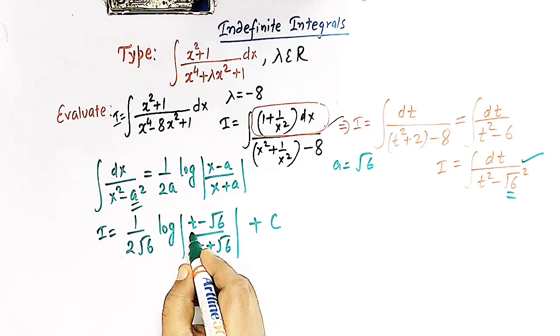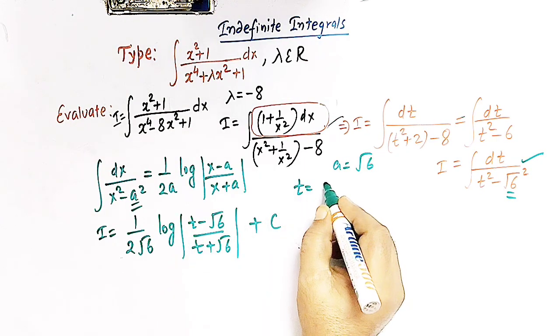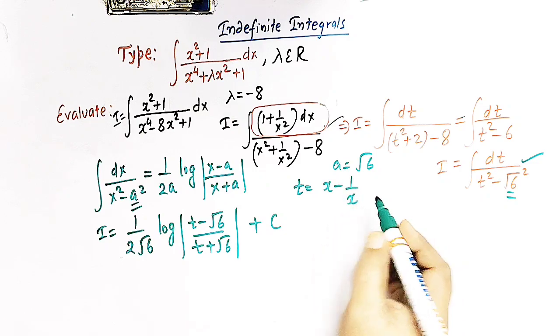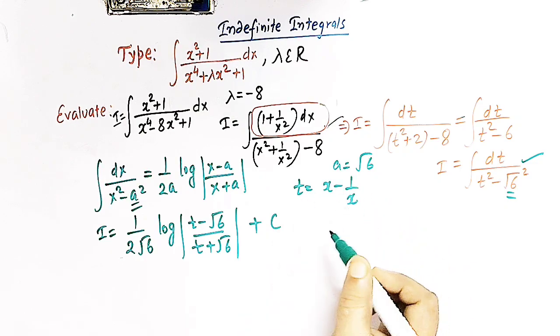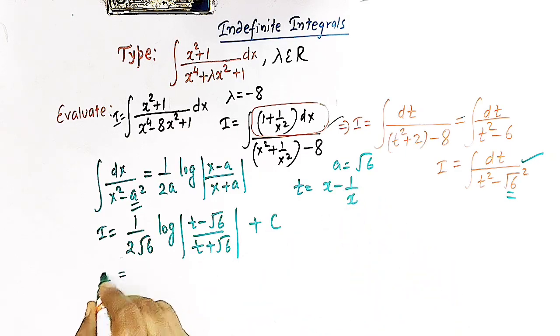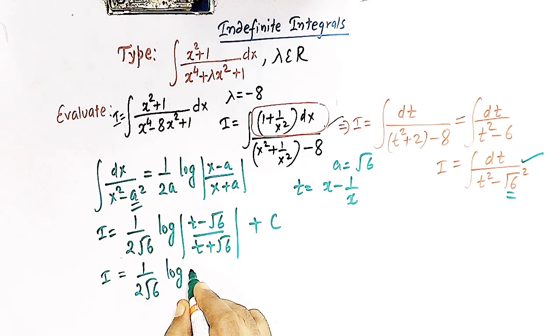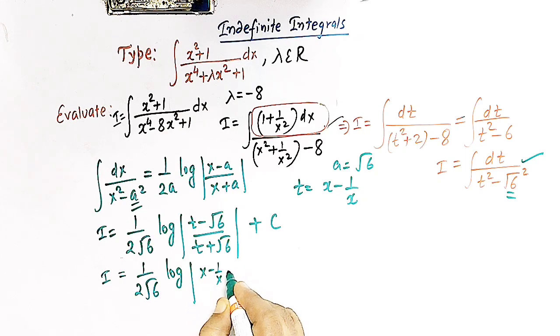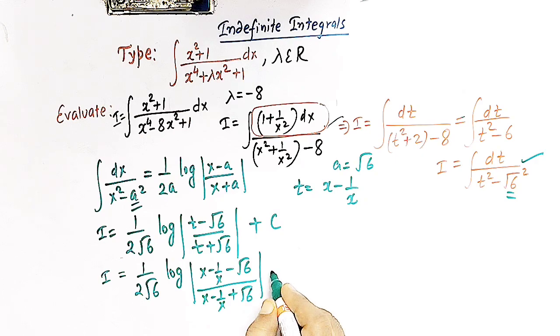So now let us replace this t by x minus 1 over x, because in the beginning we have assumed that t is equal to x minus 1 over x. So we have I is equal to 1 over 2 times square root of 6, and then we have log of x minus 1 over x minus root 6, and in the denominator we have x minus 1 over x plus square root of 6, and c is the constant of integration.